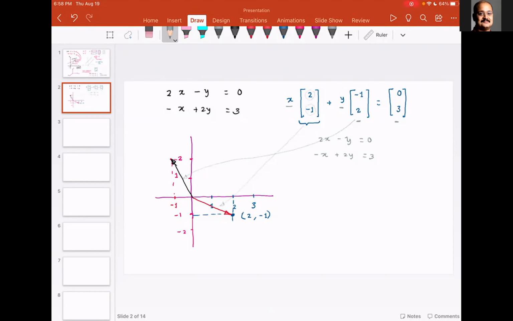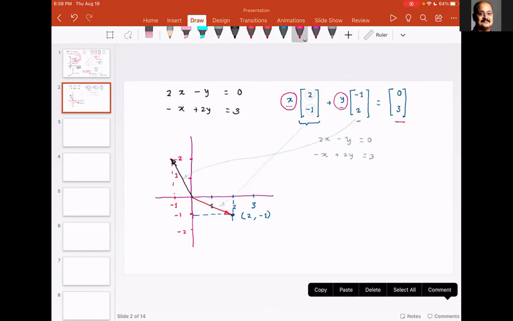I'm going to scale the first vector by a constant x, scale the other vector by the constant y, and come up with a value which goes through (0, 3).